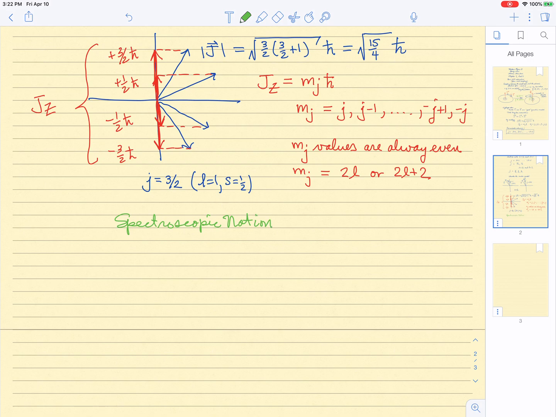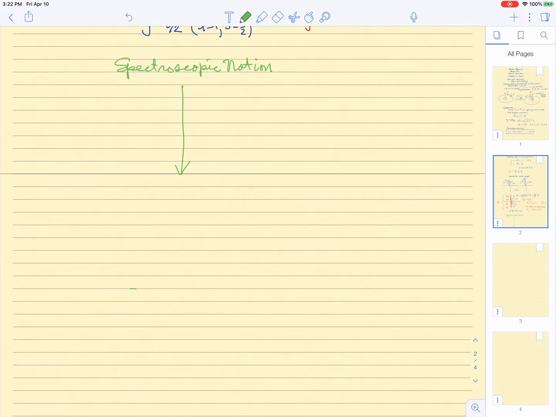And it's best to describe this notation in terms of looking at, again, the hydrogen atom. So we'll go down to this page. And so then here is the ground state. Here's n equals 1, L equals 0. And so we have an electron in the ground state. And so J then is going to be L plus S, which is then going to be 0 plus 1/2, which is 1/2.